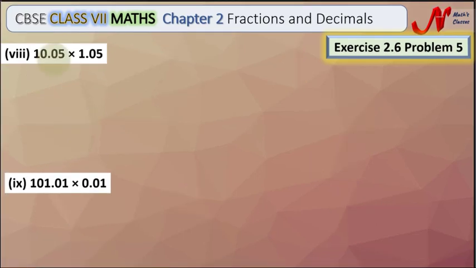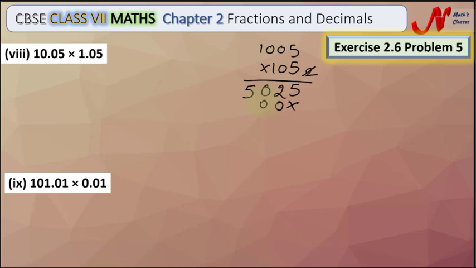Now we find 10.05 into 1.05. So to find this one we multiply 1005 with 105. 5 5s are 25. 5 into 0 is 0, plus 2. 5 into 0 is 0, 5 into 1 is 5. Then 0 into 5 is 0, 0 into 0 is 0, 0 into 1 is 0. Next 1 into 5 is 5, 1 into 0 is 0, 1 into 0 is 0, 1 into 1 is 1.